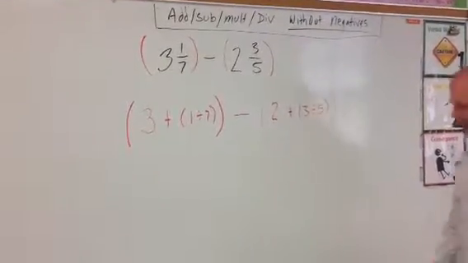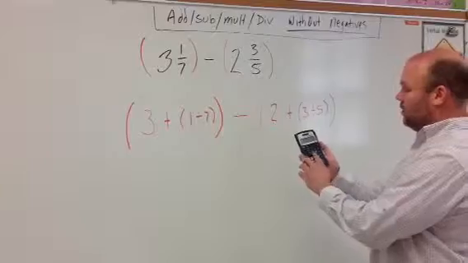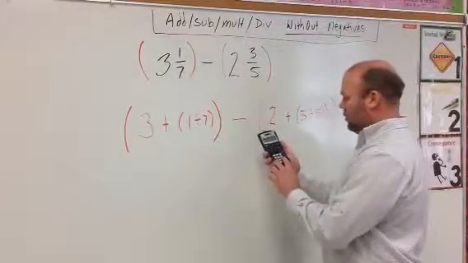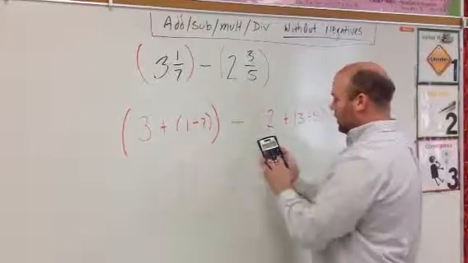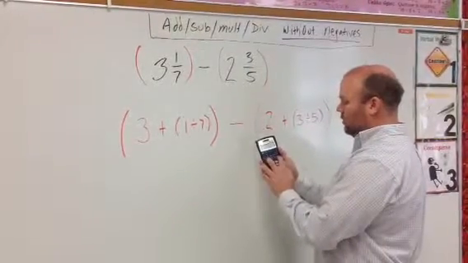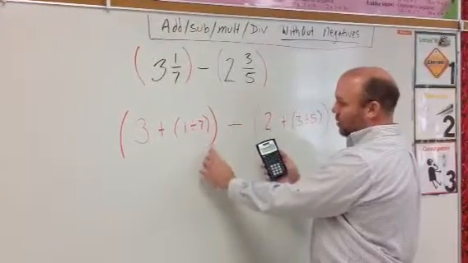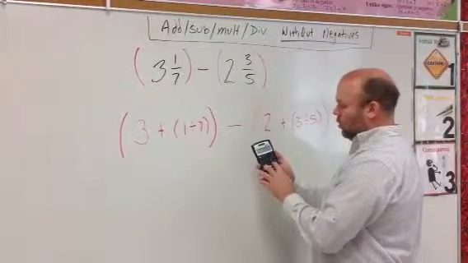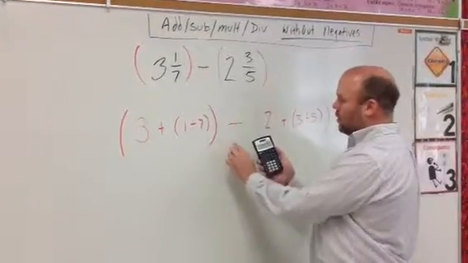So once again in your calculator, I'm going to pick it up now. I'm going to type a parenthesis. I'm going to do 3 plus parenthesis 1 divided by 7. Close the parenthesis on this, and close the parenthesis for the whole number. So there's going to be two parentheses right next to each other right here.